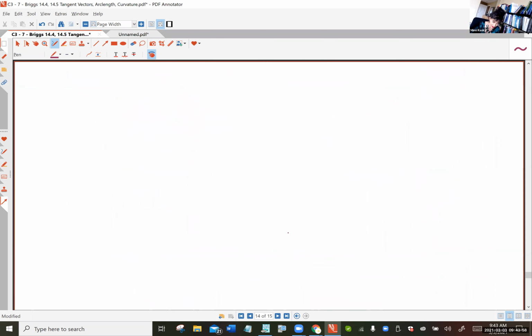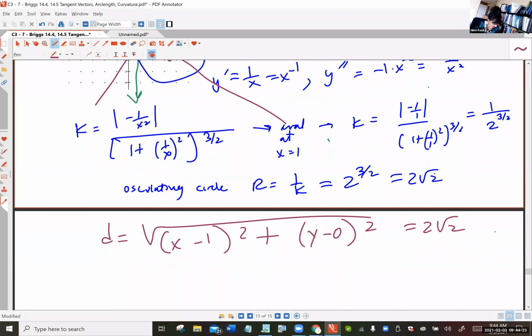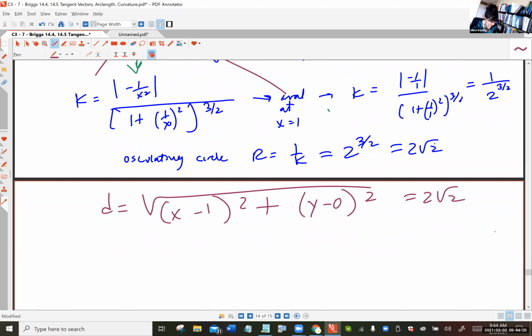So if you look at my picture here, this distance d, and you guys know the distance between 2 points in the plane, it's the square root of the sum of the squares. You don't know what x and y are, so just take the difference of the x coordinates and the difference of the y coordinates and set this equal to 2√2.